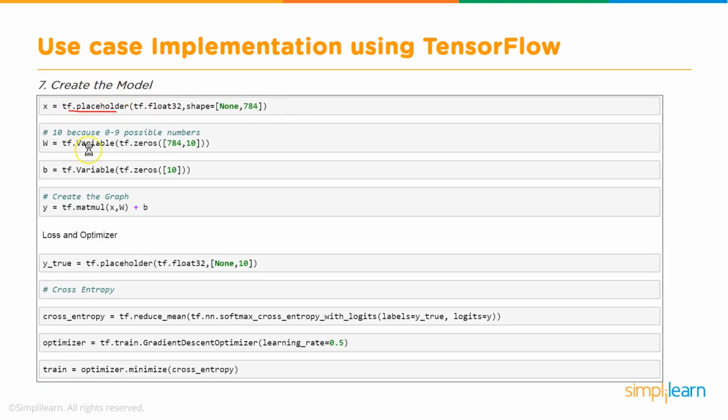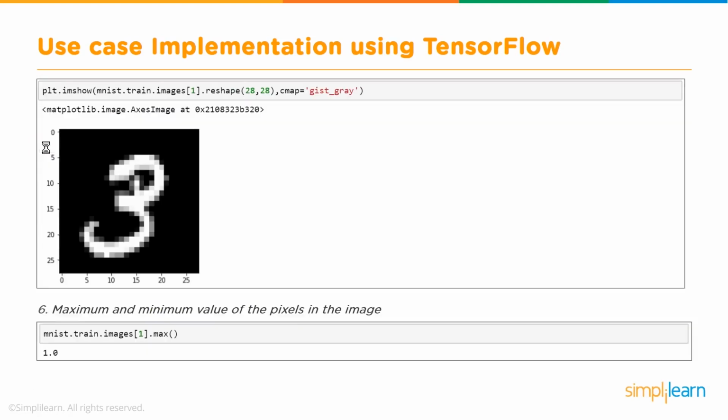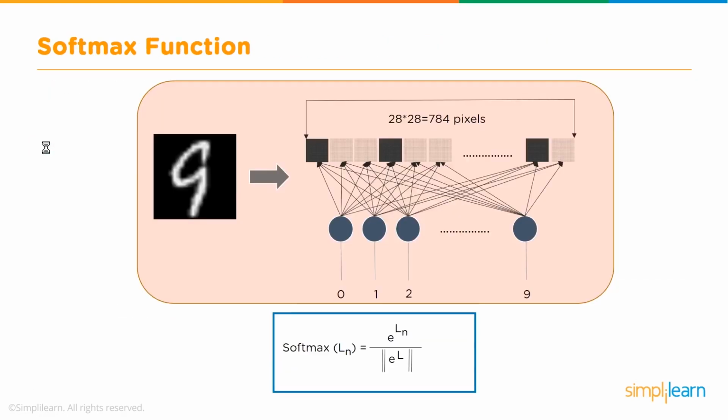And then, of course, you will have variables, which are your weights and biases. In our case, there are 10 neurons, and each neuron takes all the 784 inputs. If we go back to our slide here, actually every neuron takes all the 784 inputs.